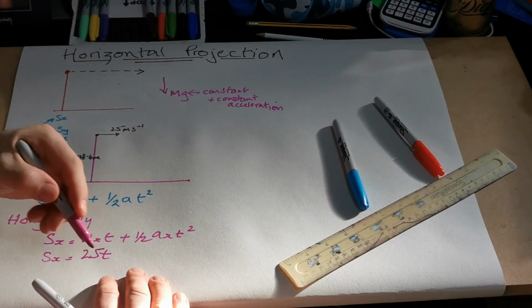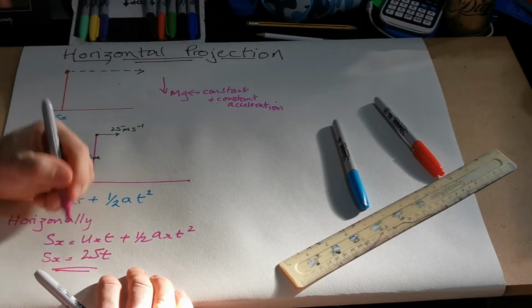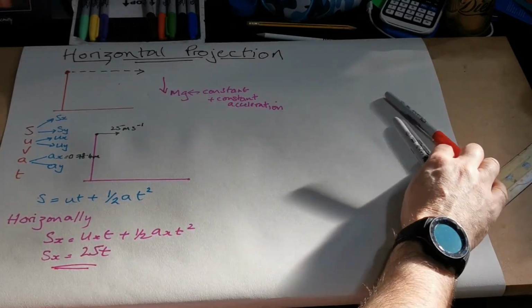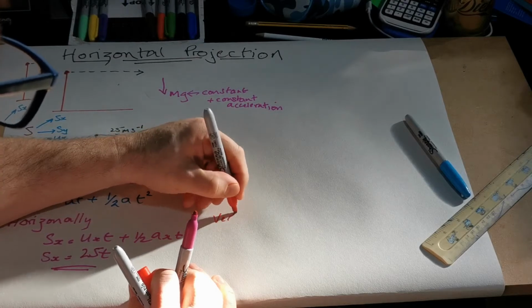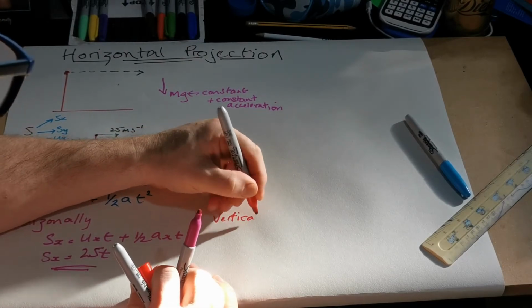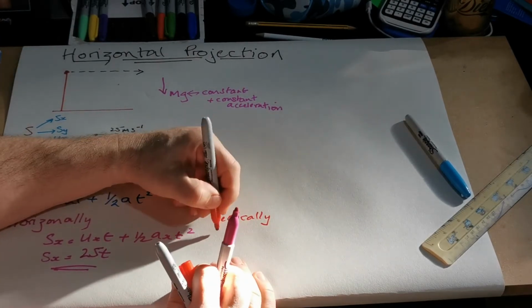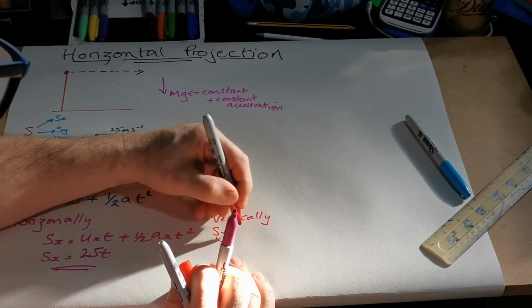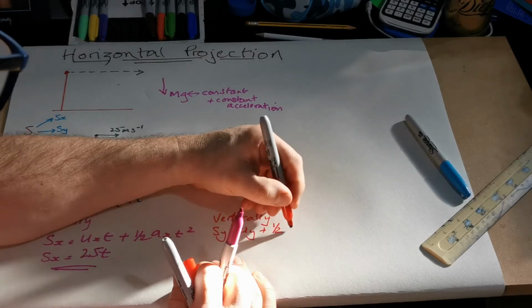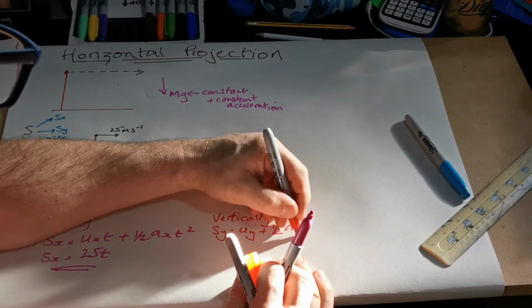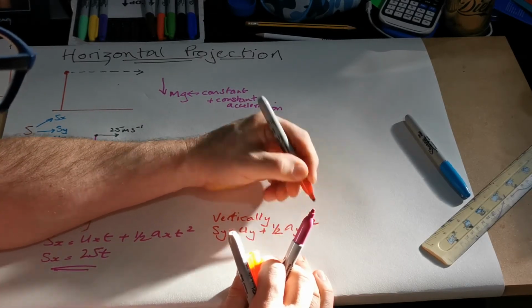Well, that just all goes to 0. So I know that's my situation, and if I were to look at it vertically, Sy is equal to Uy t plus half Ay t squared.